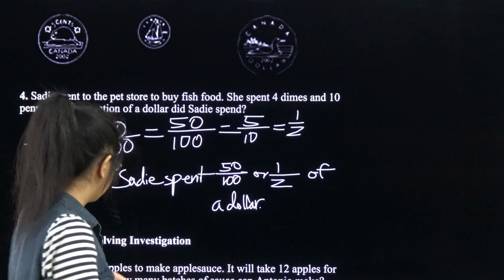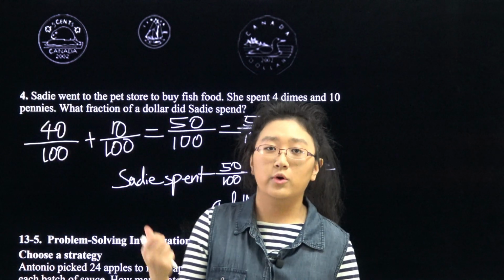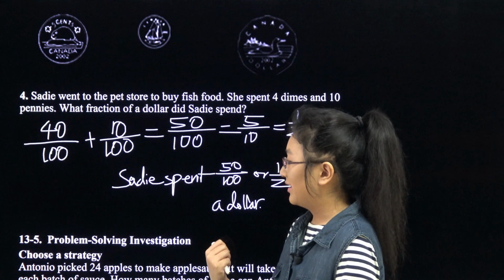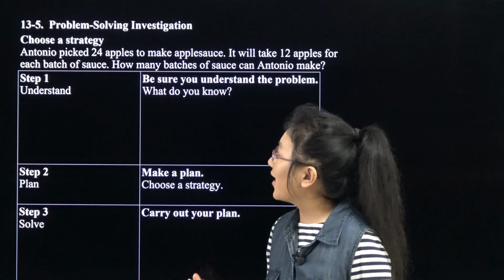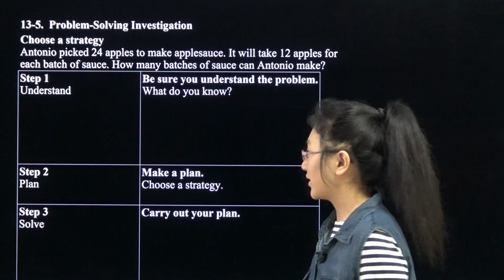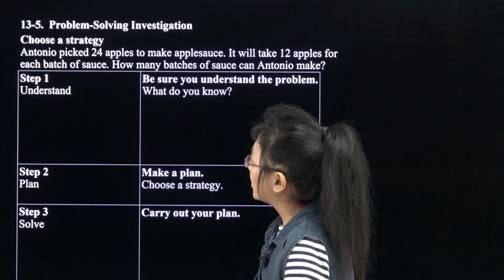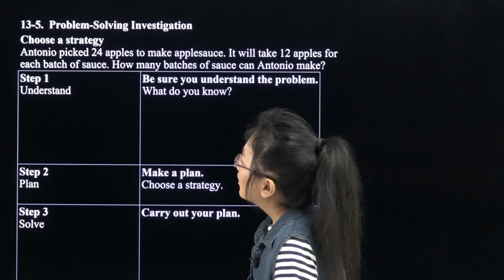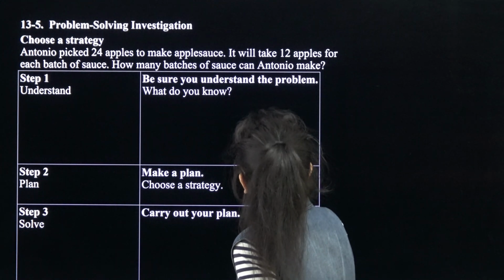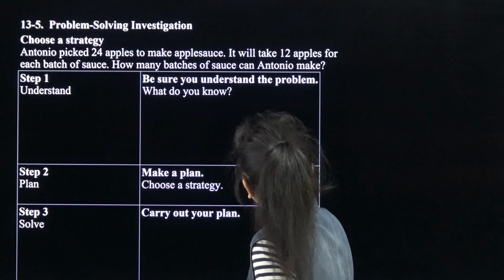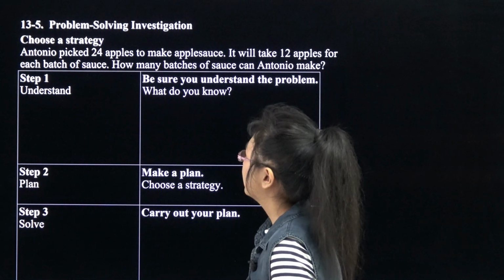Done. Now we move on to section number 5, the last section of the chapter. Hooray! Another problem-solving investigation. Choose a strategy. Antonio picked 24 apples to make applesauce. It will take 12 apples for each batch of sauce. How many batches of sauce can Antonio make?